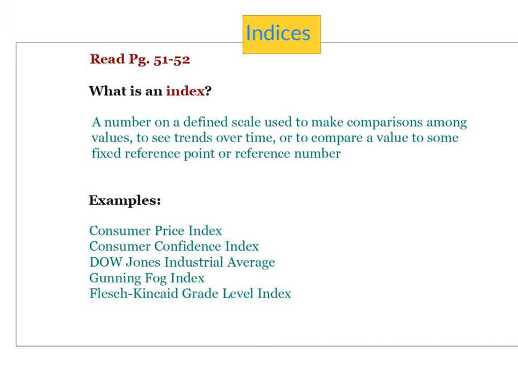Some examples of indices are the Consumer Price Index, the Consumer Confidence Index, the Dow Jones Industrial Average, Gunning Fog Index, and the Flesch-Kincaid Grade Level Index. The two that we're going to talk about in this video are these last two, the Gunning Fog Index and the Flesch-Kincaid.